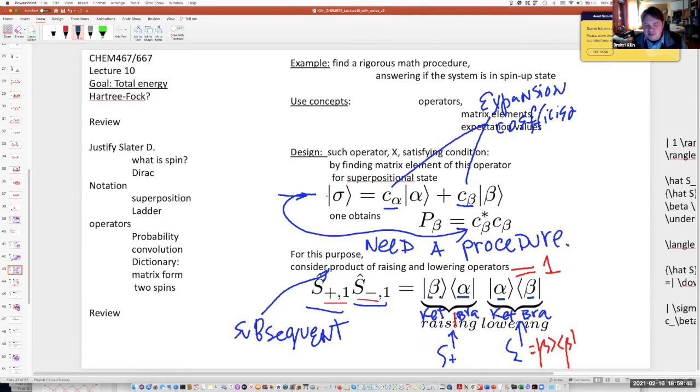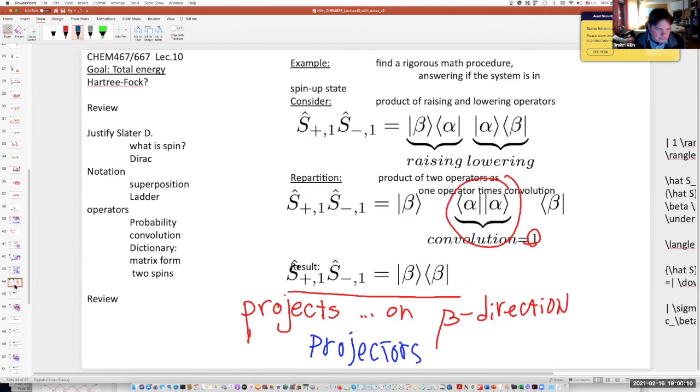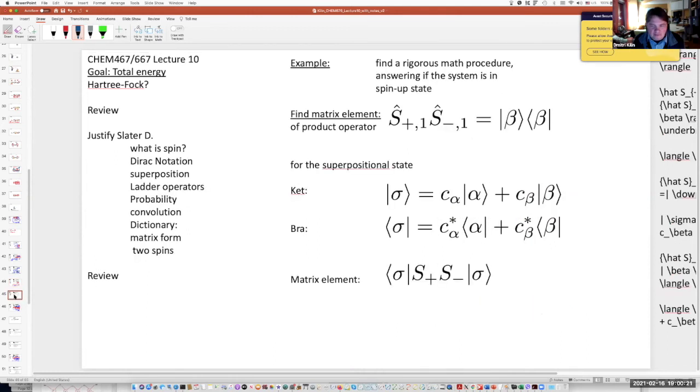This alpha into beta is raising. But if we write them in a row, we can look at the central part, which will have alpha bra times alpha ket, which equals 1. And then we will get beta times beta, which is an operator that does not change the state if it was beta. Such operators are named projectors.